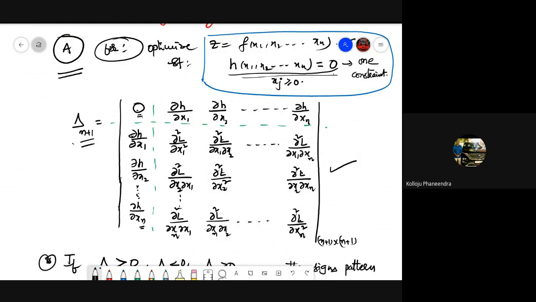First row is 0 and the constraint derivatives with respect to the variables, first column the same. From here onwards, for Lagrange's method, the second derivatives. Therefore, now you write like this.